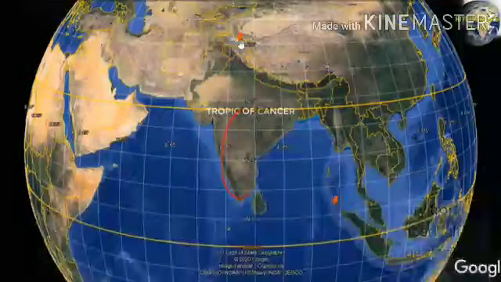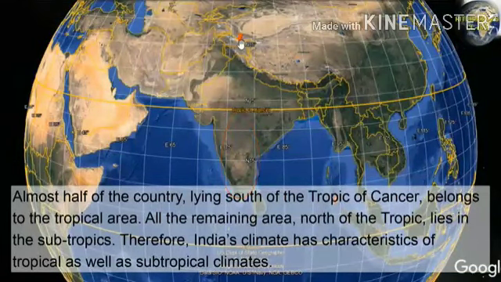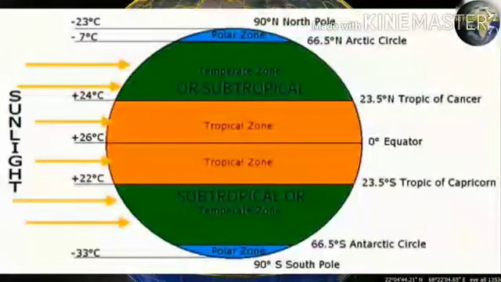Almost half of the country lies south of the Tropic of Cancer, that means it belongs to the tropical area, and the remaining portion, that is north of the tropic, lies in the subtropics. Now, what is a subtropical region?